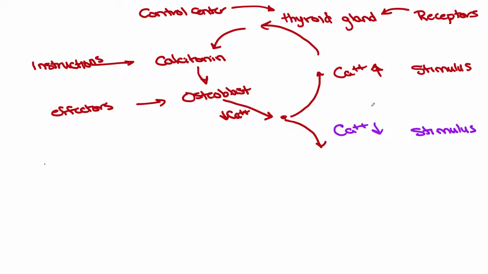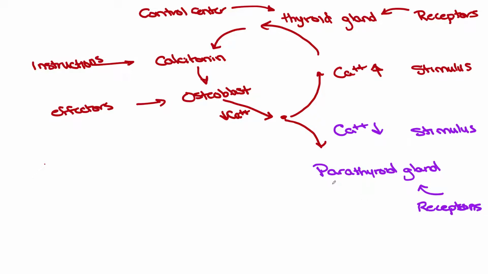Here calcium was going up, down here calcium is going down. And we actually have different receptors. The parathyroid glands are where the receptors are housed. So our receptors are different when calcium is too high versus when it's too low.